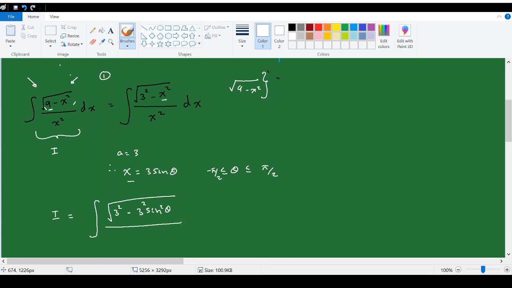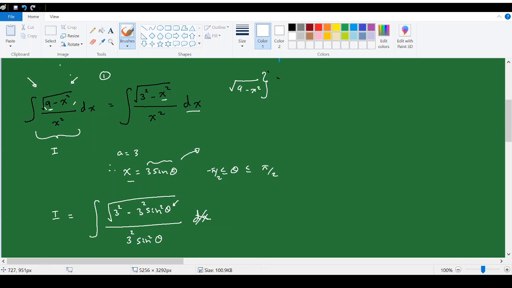In the denominator it's x squared, so since x is 3 sine theta, it becomes 3 squared sine squared theta. And how about this term? Since we have replaced everything in terms of theta, we cannot have a dx term here. We should also have a corresponding relationship in terms of theta.